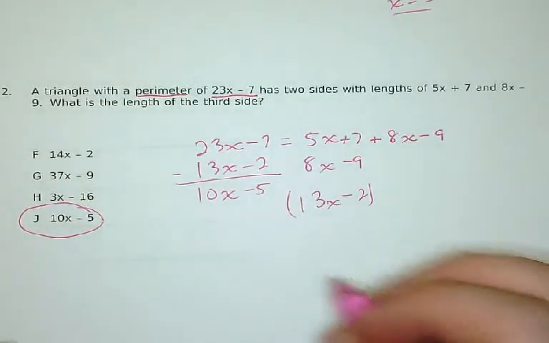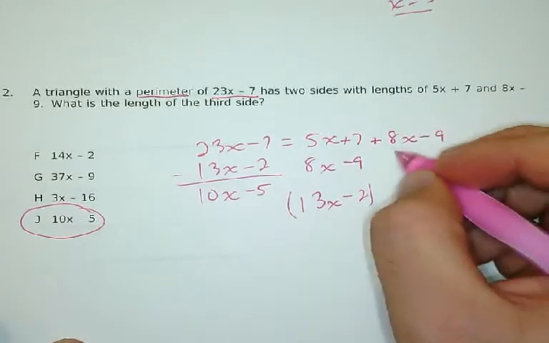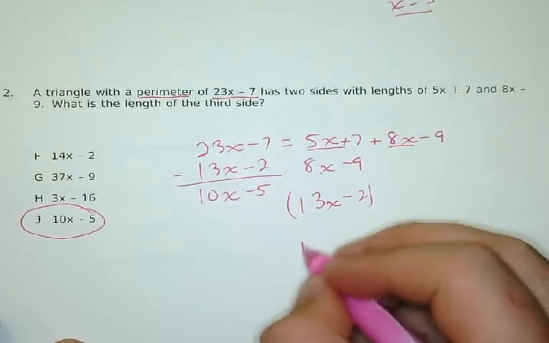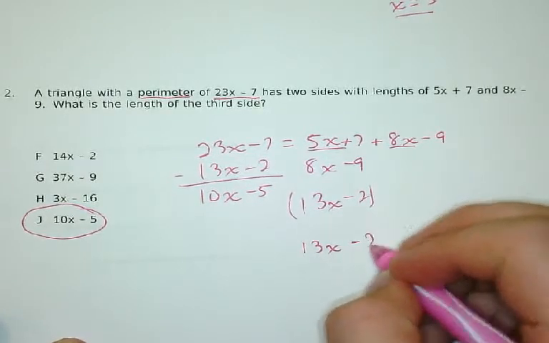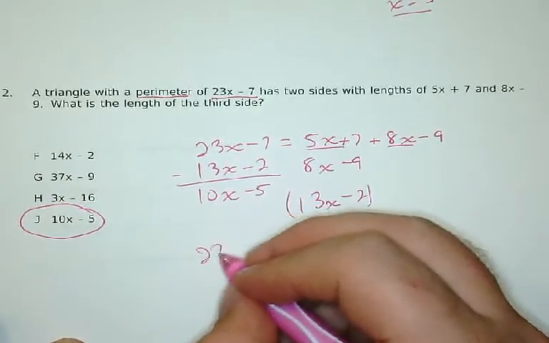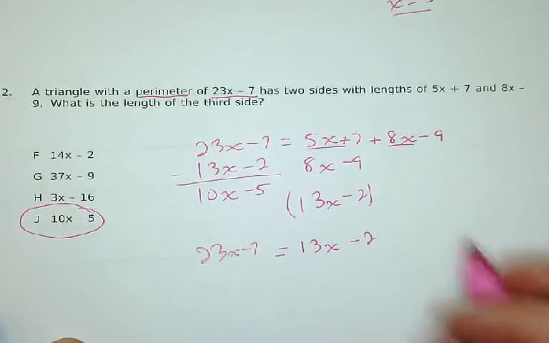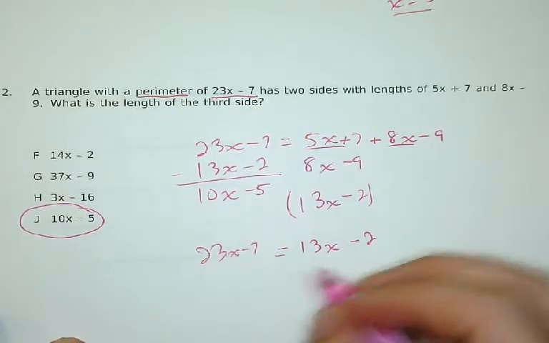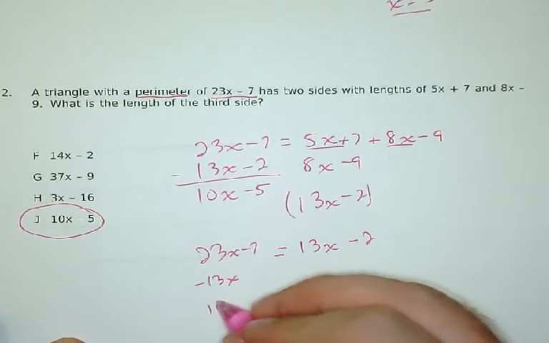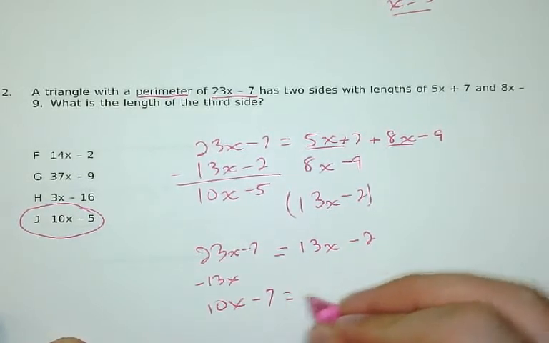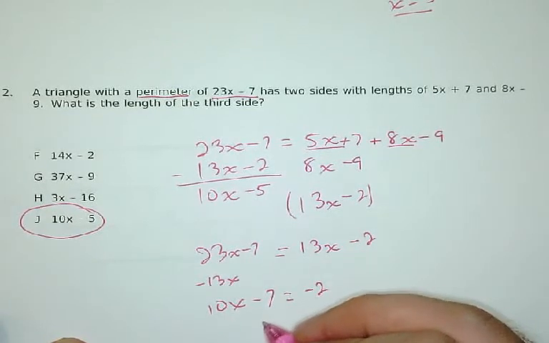Another way, let's see if we can solve it from here. Combine like terms. So 13x minus 2 equals 23x minus 7. Move your x's. Move your numbers.